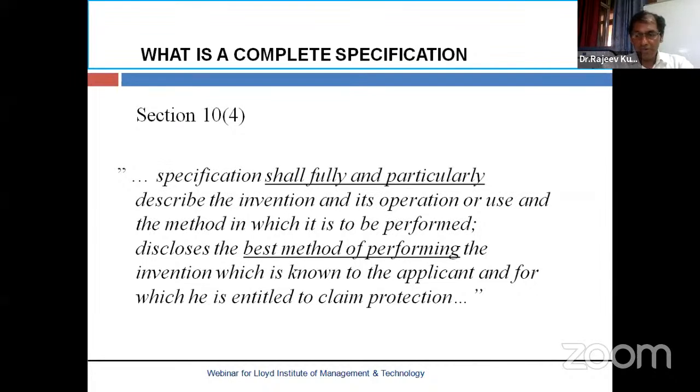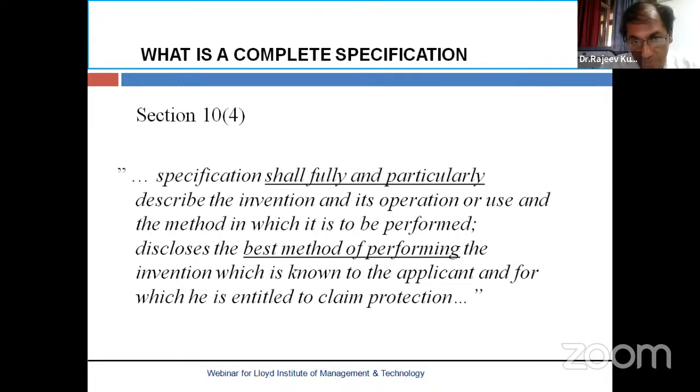Even आपने क्या pH use किया था, कौन सा salt use किया था, कौन सा buffer use किया था, buffer के ingredients क्या थे, और everything should be disclosed in the specifications for completely enabling your invention.